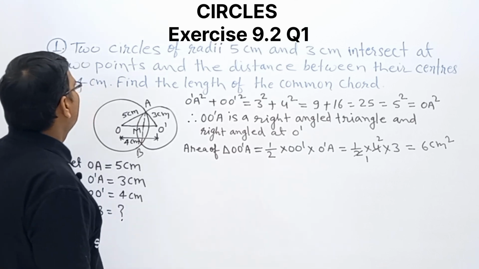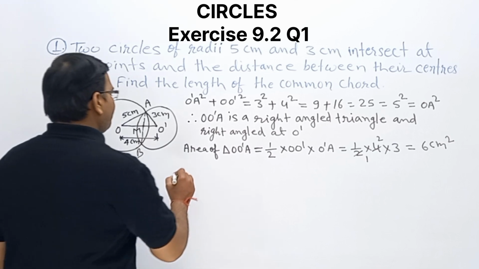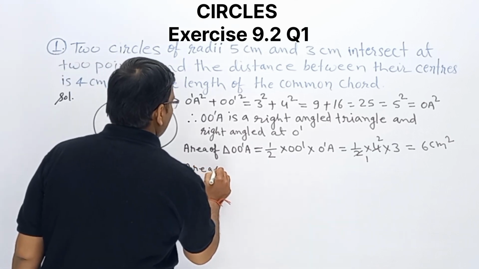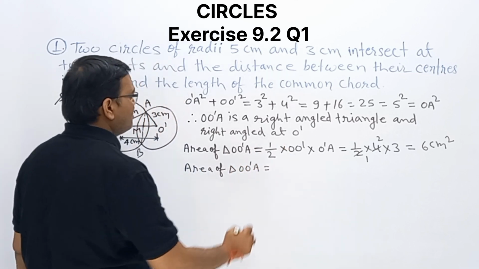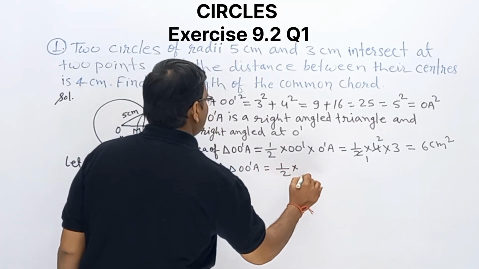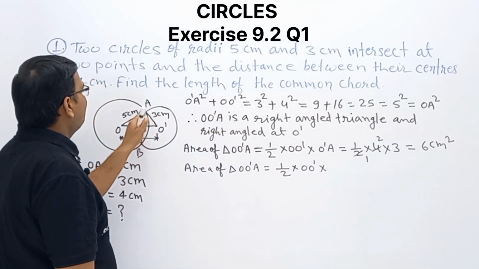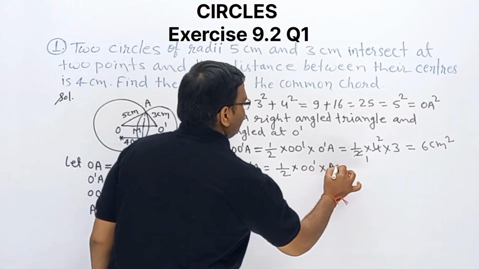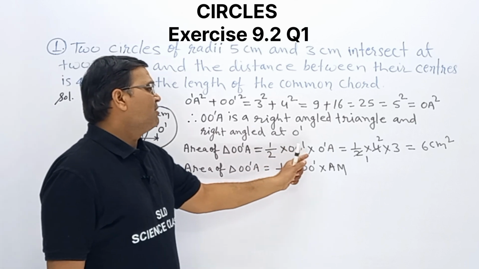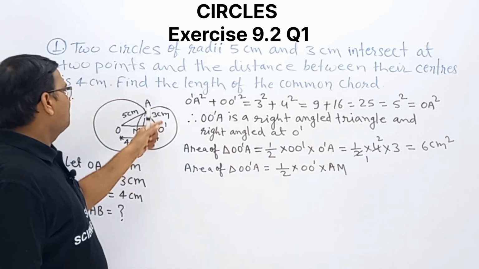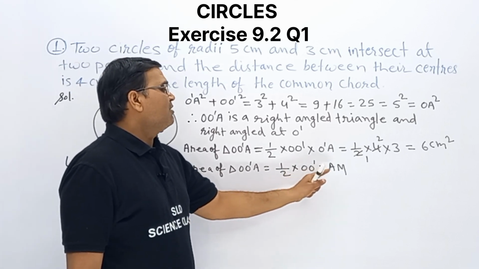Now, once we observe this one, the area of triangle OO dash A can also be written as 1 upon 2 base OO dash into perpendicular or height. Height is AM. Yes or no? Area of the triangle we obtained as 6 centimeter square, but its area can also be written as 1 upon 2 OO dash into AM.